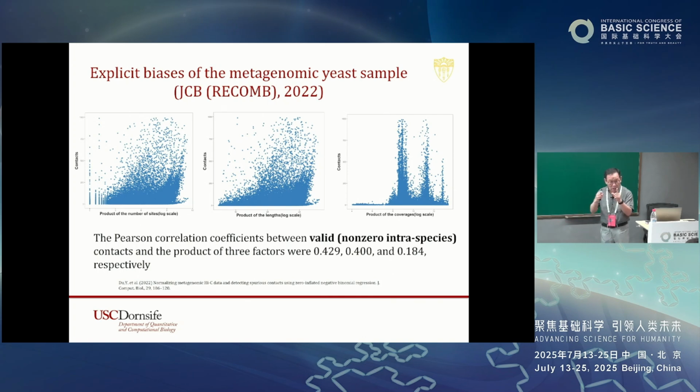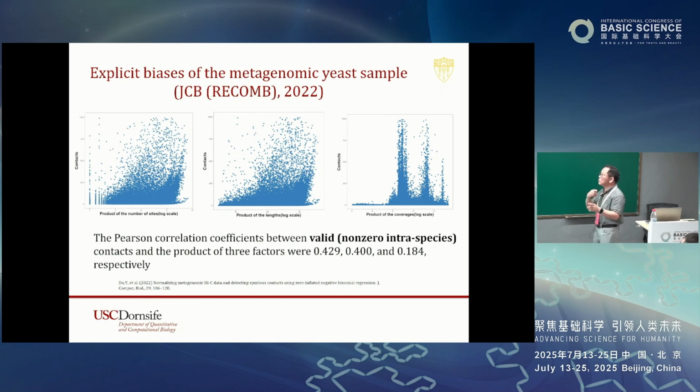The other one is easier to understand, that's the contig length, and the last one is the so-called abundance. After you explore this, you see a clear positive relationship between the number of Hi-C links and the number of restriction sites, the length of those contigs, as well as the abundance of these contigs, right?